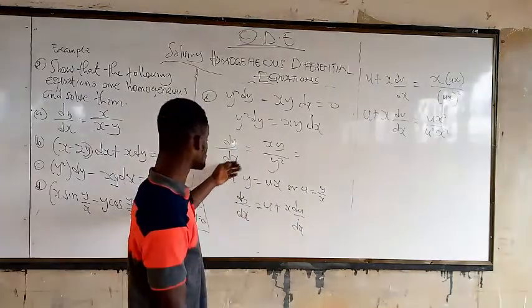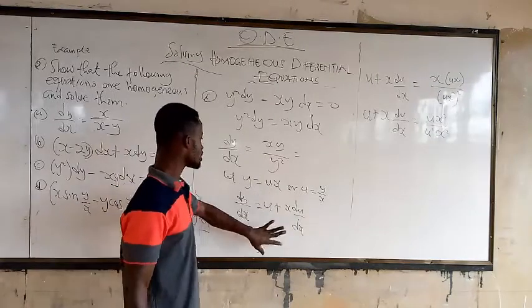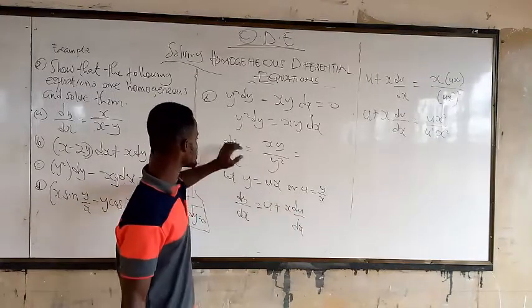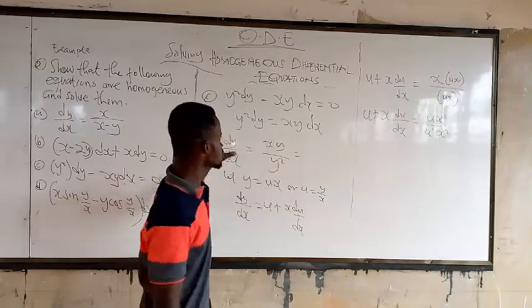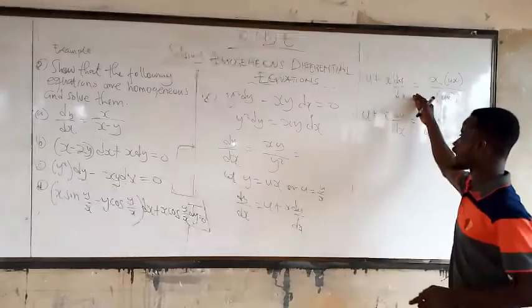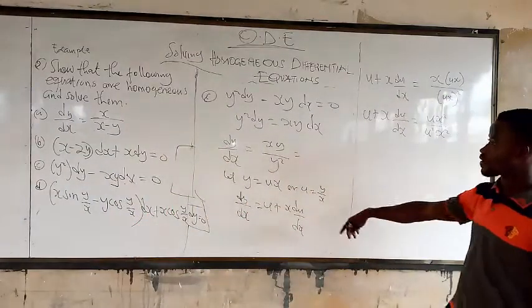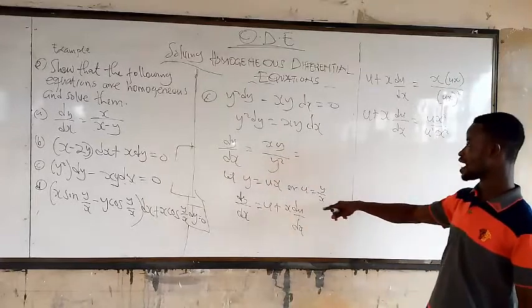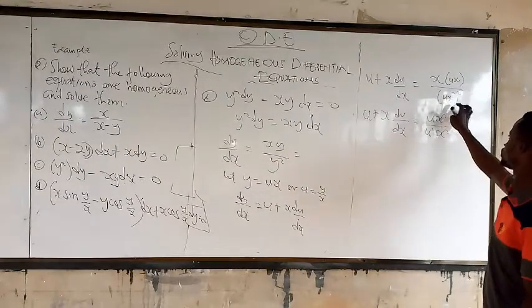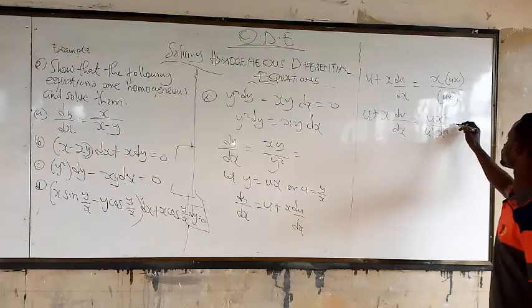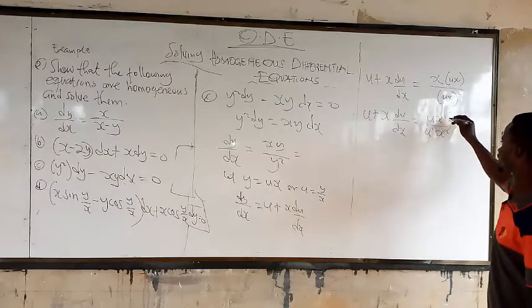Okay, so by substitution, you differentiate this. Then wherever you see dy/dx here, put this one there, and that is what we have. But here, wherever you see y, put ux there. And now this will take away that.